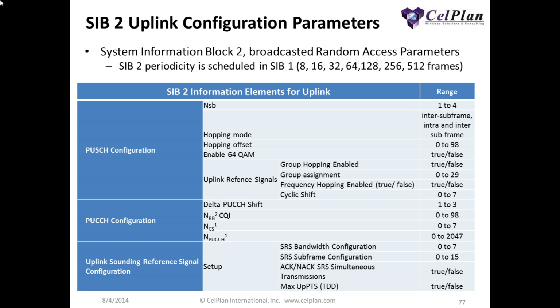To do anything in the uplink, the UE has to read SIB2, the uplink configuration parameters. Those are the configuration parameters essential to processing the uplink connectivity, and they are related to the PUSCH, PUCCH, and the sounding reference signal that we will talk about.